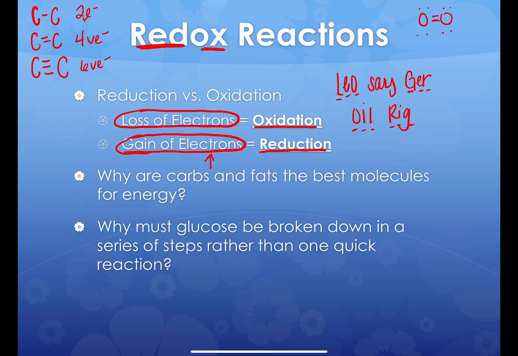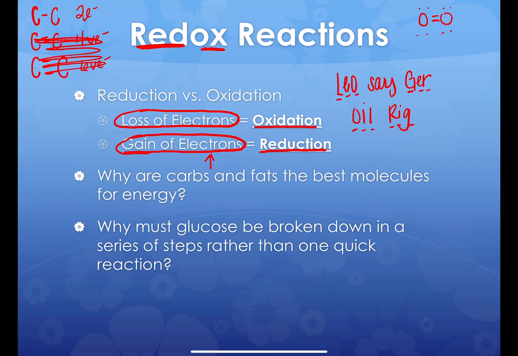So we're not going to really focus on the double and triple bonds today, because most of what we are talking about here are single bonds, specifically with glucose. It has 2 electrons, so when you break that bond apart, you release those electrons.